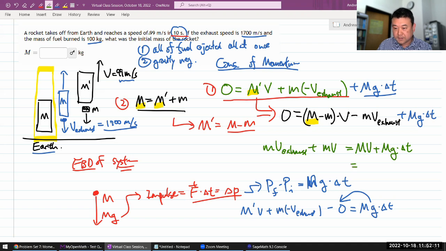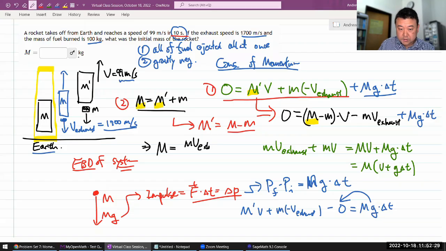On the right hand side I can factor out m. So I have v plus g delta t, divide that out to get m. So my final expression for m from all that is mv exhaust plus mv divided by v plus g delta t.